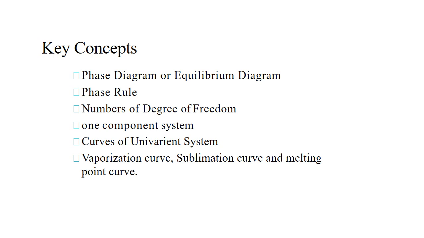So majorly we will focus on the one component system, and the one component system will contain various curves, and then we will discuss the detail of the curves of the univariant system. After this we will discuss vaporization curve, sublimation curve and melting point curve of the univariant system.